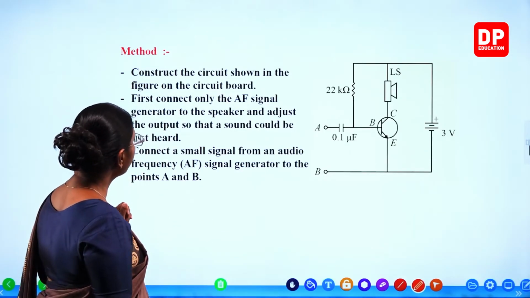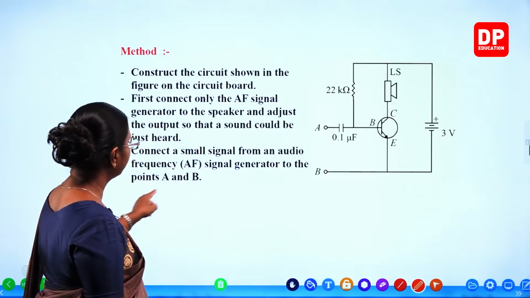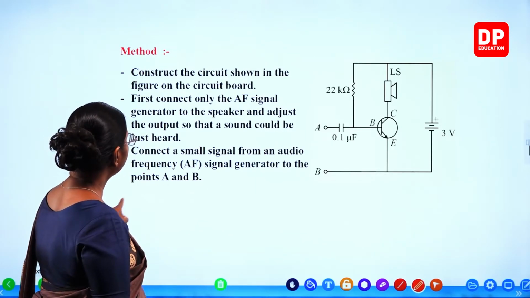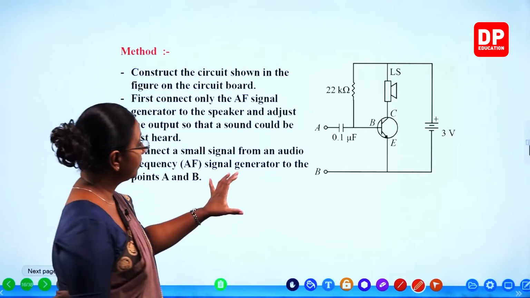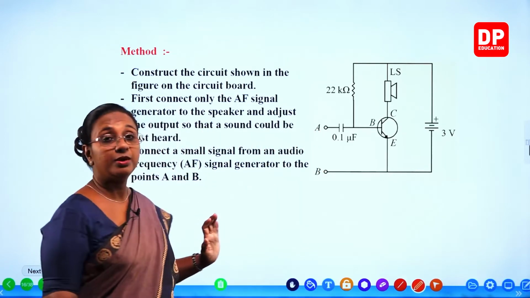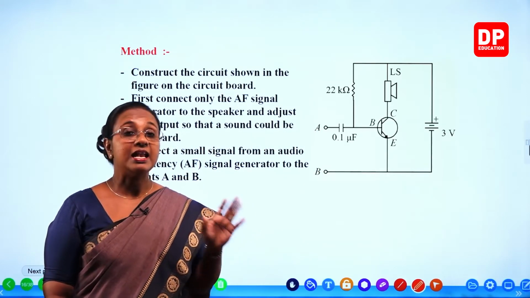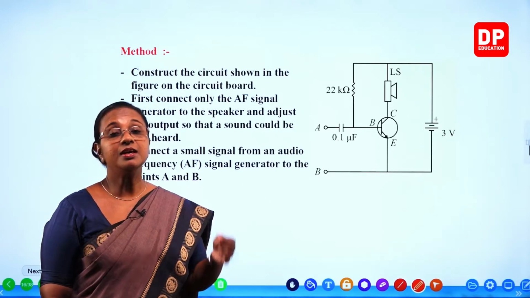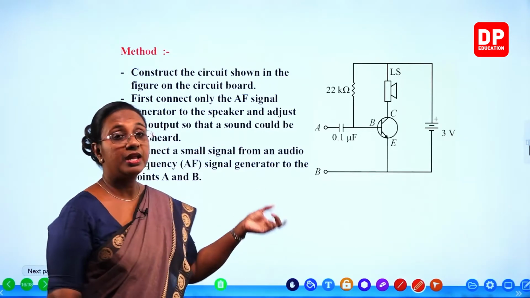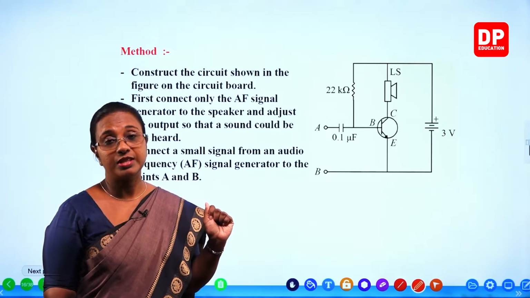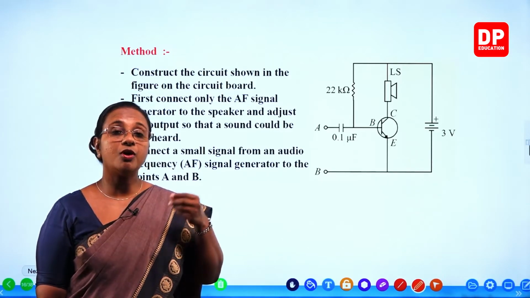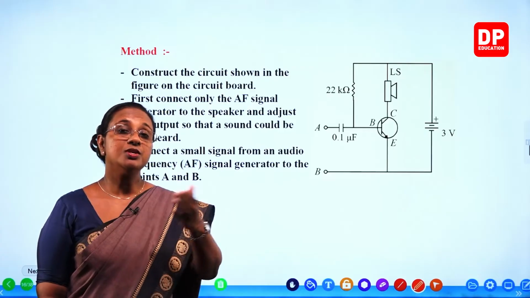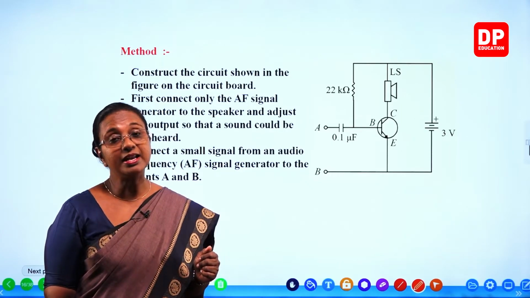Then connect a small signal from an audio frequency signal generator to the points A and B. So we need to connect the audio frequency signal generator there. Like I said, if we do not have the audio frequency signal generator, we can connect a microphone and make a sound into that. You can tap on the microphone or you can blow into the microphone so that you hear the amplified sound.